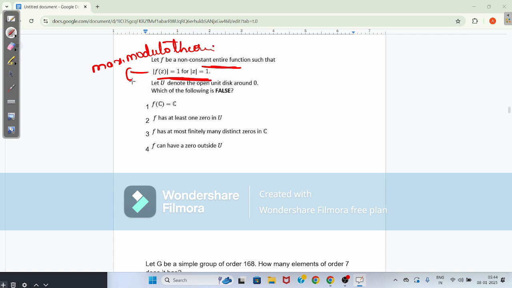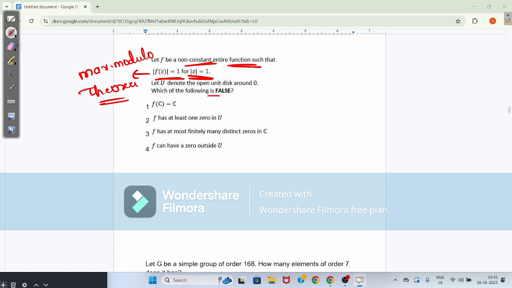Okay, this condition is from, let f be a non-constant entire function here. So this value which has been given is the condition of the maximum modulus theorem.